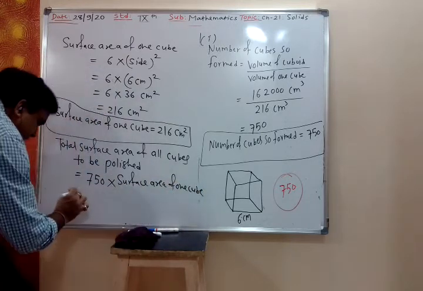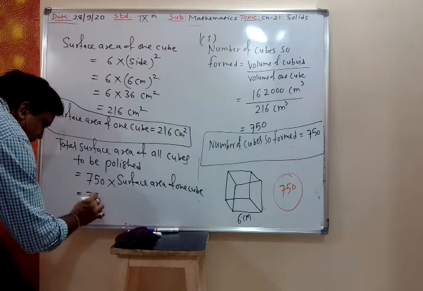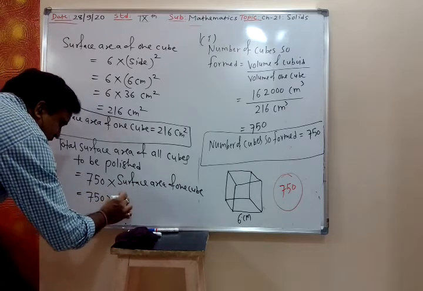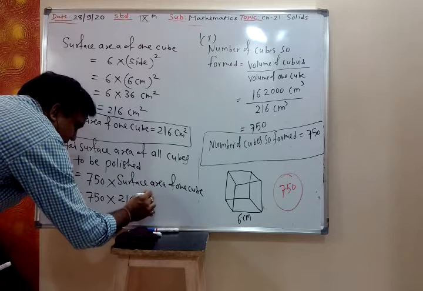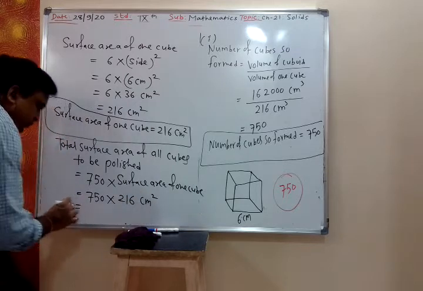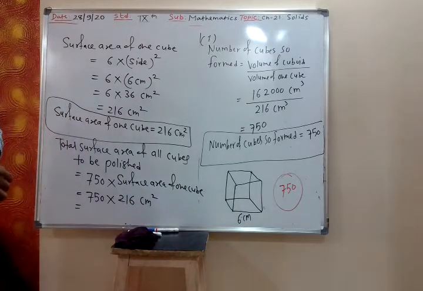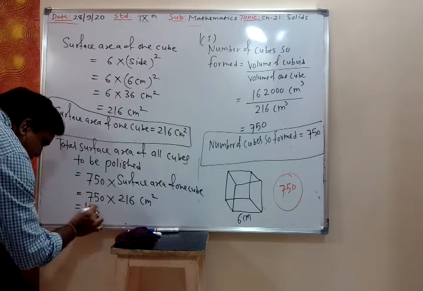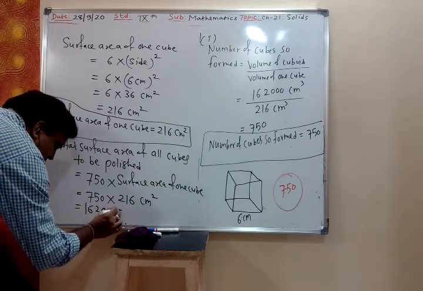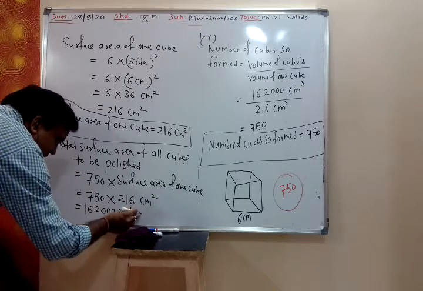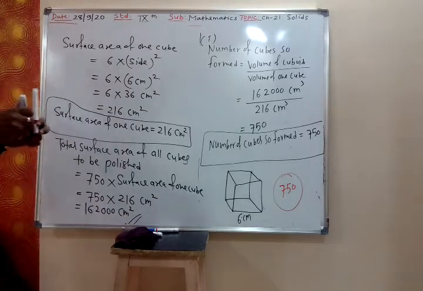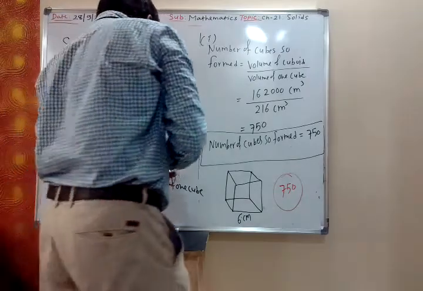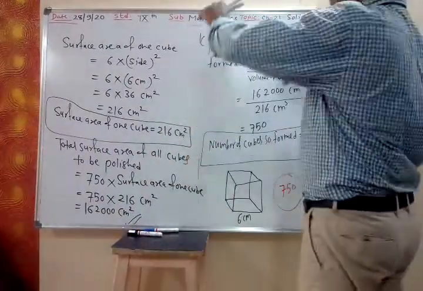So that is 750 into 216 centimeter square. So multiply 750 into 216. How much? 1,62,000 centimeter square is the total surface area of all cubes to be polished.